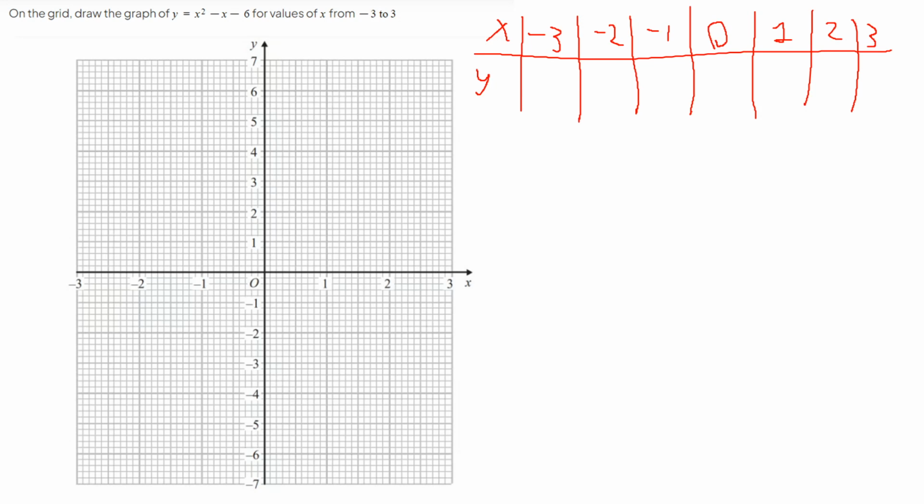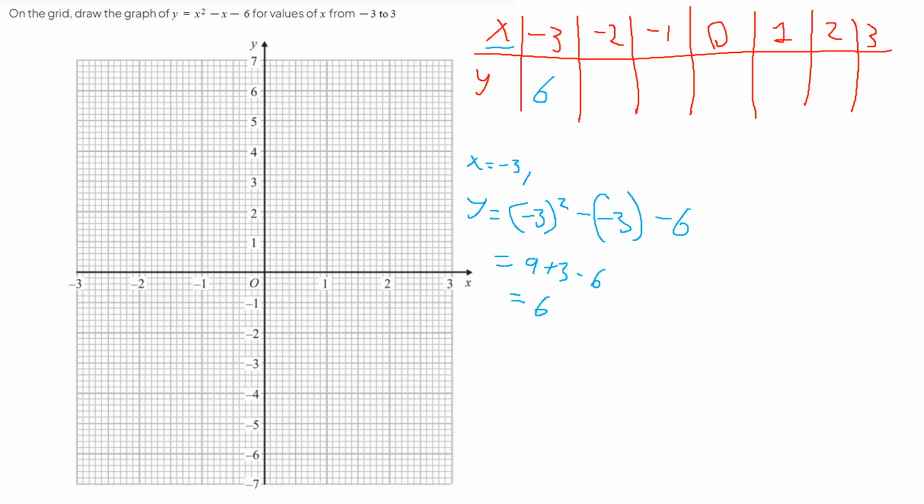Okay. And now what we need to do is substitute x in for y. So for x equals minus 3, y is equal to minus 3 squared minus minus 3 minus 6, which is equal to 9 plus 3 minus 6. Y is equal to 6.